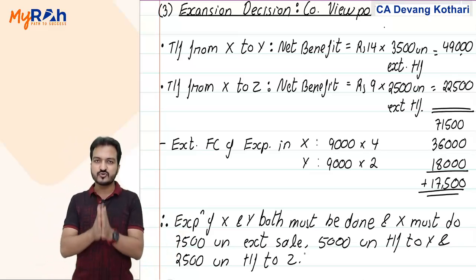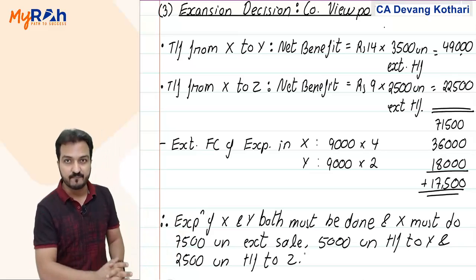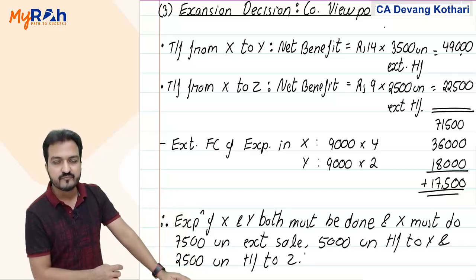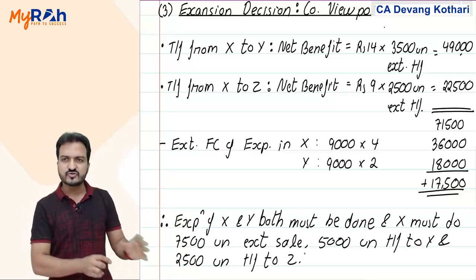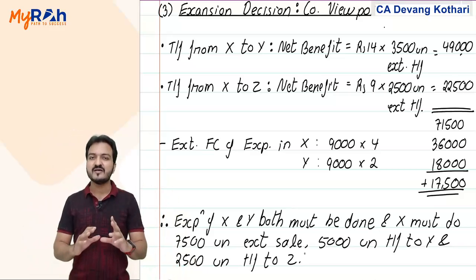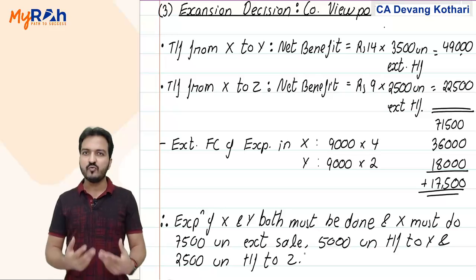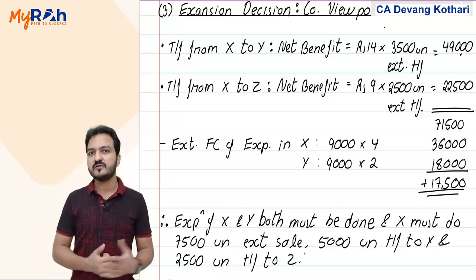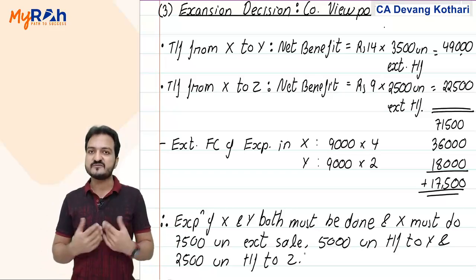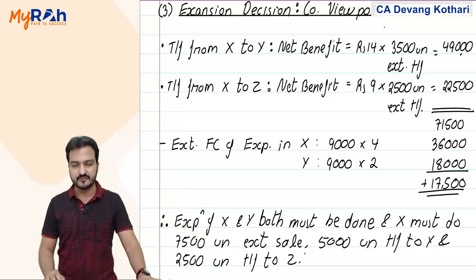I told you, this question is the only typical question in the paper. This is my suggested solution here. However, this is a very open-ended question, so there can be more than one possible way of answering and explaining this decision.